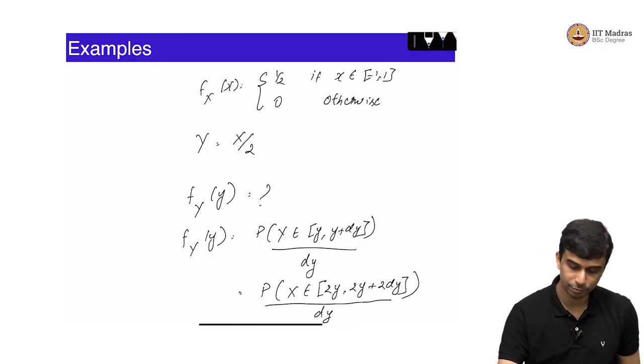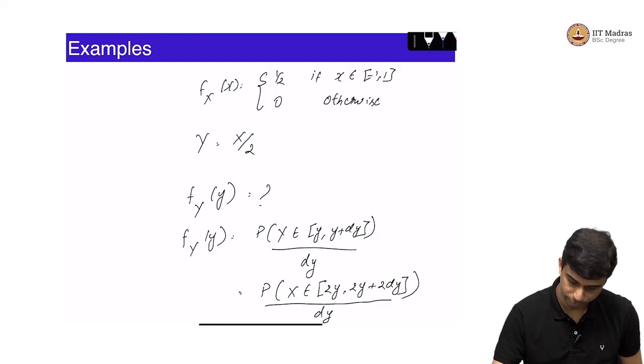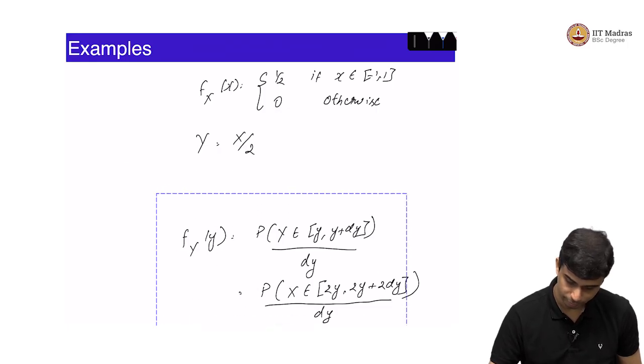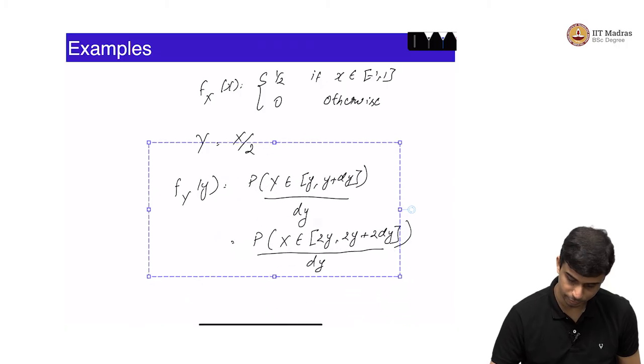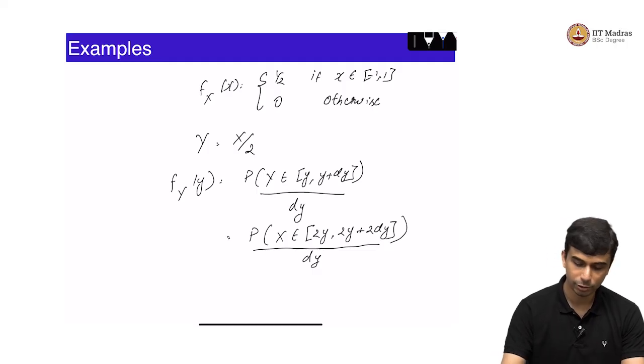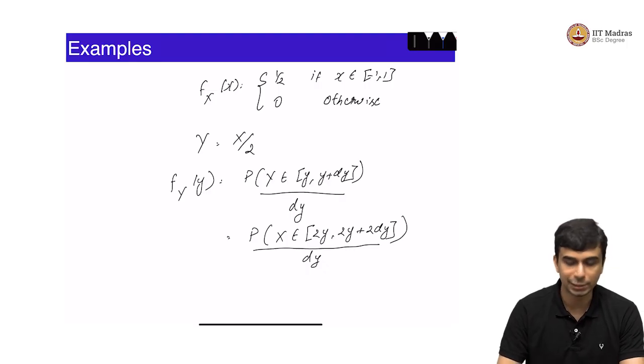Yeah, let us create some space. What is the probability that x belongs to 2y to 2y plus 2 dy? Here is where the range matters: the probability of x belonging to x to x plus dx is going to be non-zero only if x is in the range of -1 to 1.